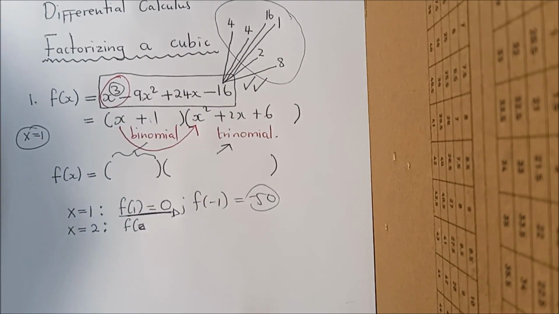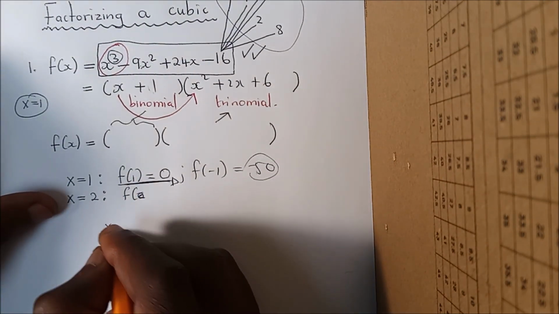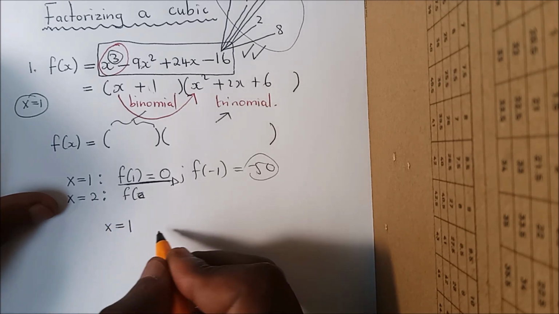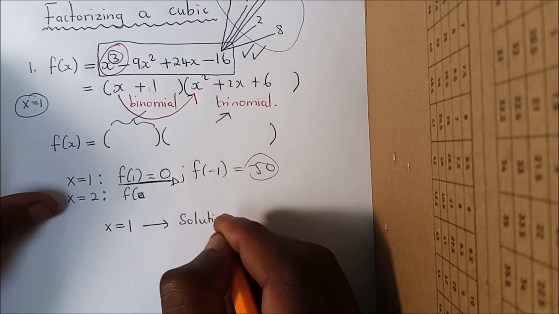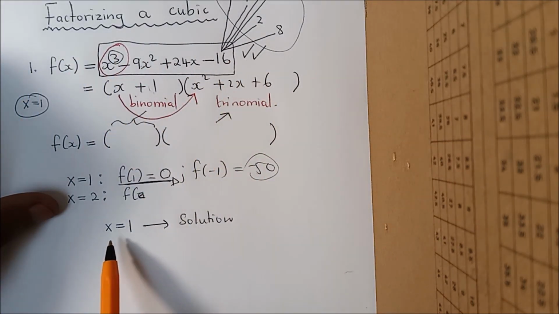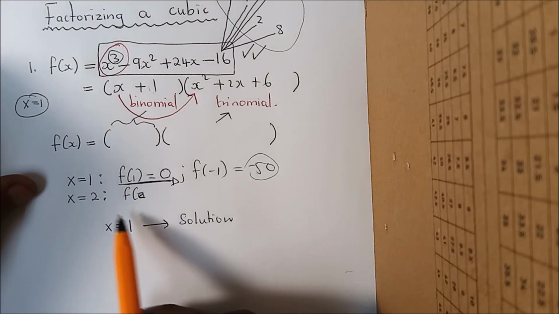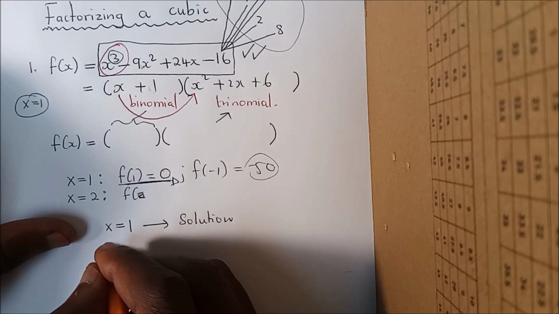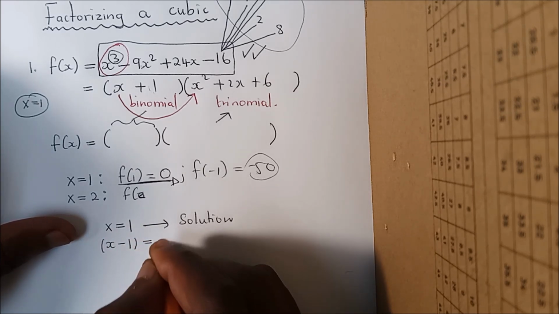So now if x is equal to 1, I want us to focus on this step. If x is equal to 1, it's a solution to our cubic function. So now I want you to go back. We take this one to the other side, so we will have x minus 1 equal 0.